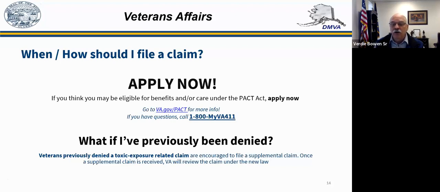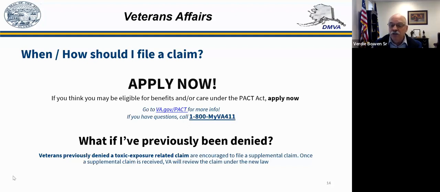The other thing that you want to do is you want to register for medical screening. You want to make sure that you get your medical screening completed so that you're in the system. Now, remember, the medical screening you do at the VA is not a claim. That is just the beginning of the process to keep you in the system. And then 5 years from the time that you file that, they will call you back in and have another screening to see if you might have other issues.